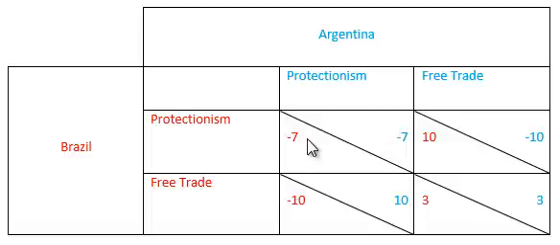But what will happen if one country doesn't set up protectionist policies while the other does? The protectionist country will enjoy the benefits of exporting without restrictions and will block imports from the other. So here we have a win-win for the protectionist country and a loss-loss for the country with free trade.